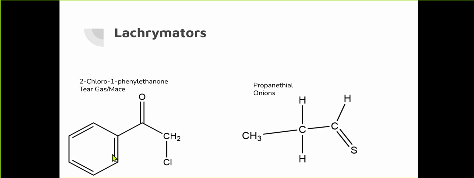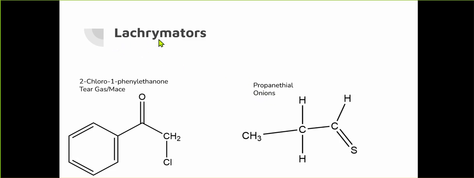We have here a ketone. This is 2-chloro-1-phenylethanone. You guys don't have to memorize all these or anything. I'm just giving these to you. But this is the active ingredient in tear gas or mace that is used for subduing somebody. A lacrimator is something that causes you to cry, like when you're cutting up onions and you start crying.